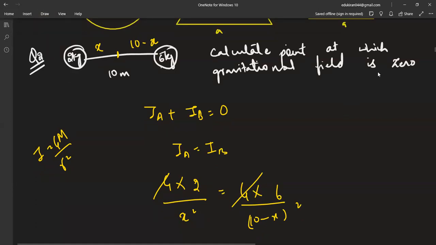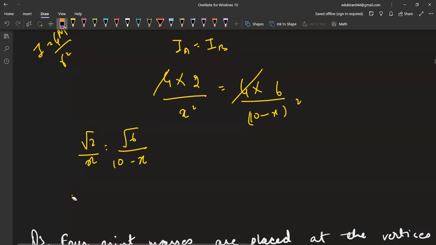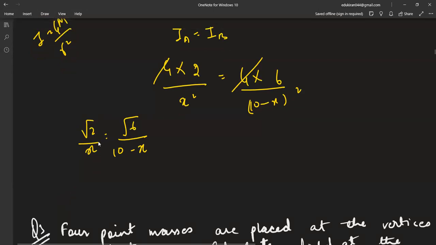Now see, when you are taking the roots, this becomes root 2 by x equals root 6 by (10 minus x). Cross multiply. When you cross multiply, this will become root 2 into 10 minus root 2 x is equal to root 2 into 6.